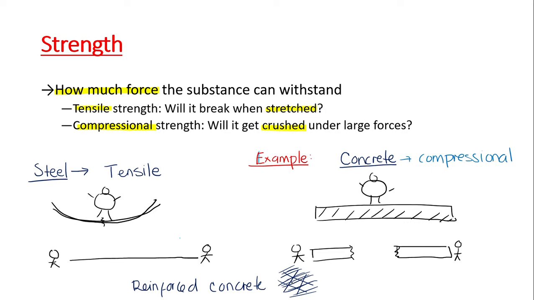So for example, the floor that we are standing on at the moment is very strong because it has a combination of steel and concrete, and therefore it can withstand both when it's stretched and when it's crushed.